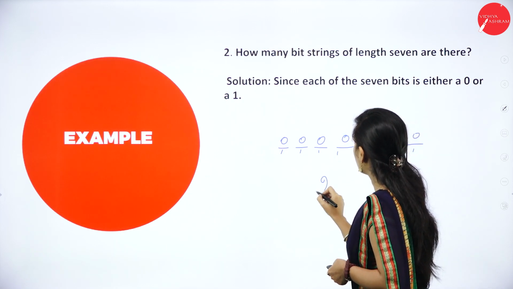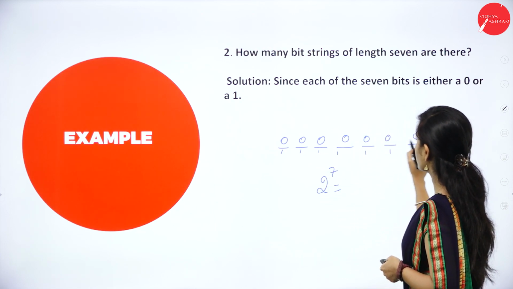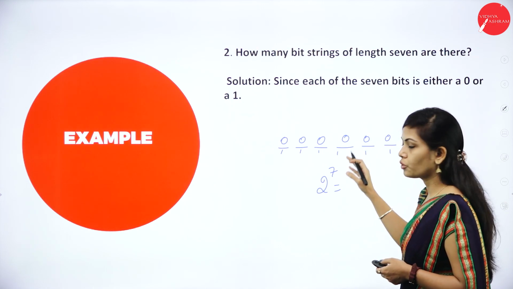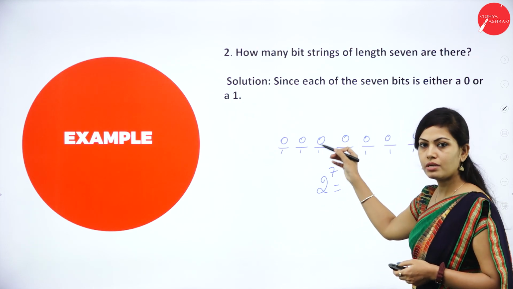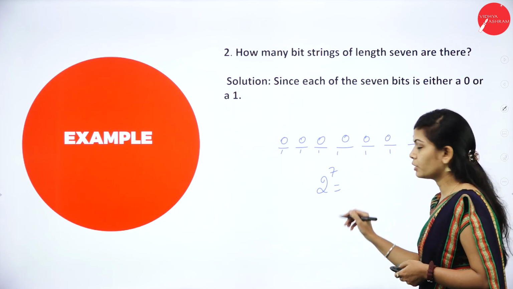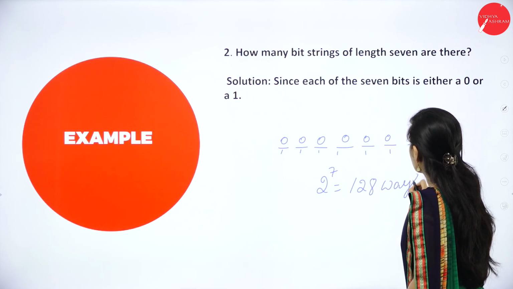So in total I have 2 power 7 bit strings. Bit strings means I can write it in binary language, and binary means 0 and 1. So 7-bit-long strings: 2 power 7 is equal to 128 ways.